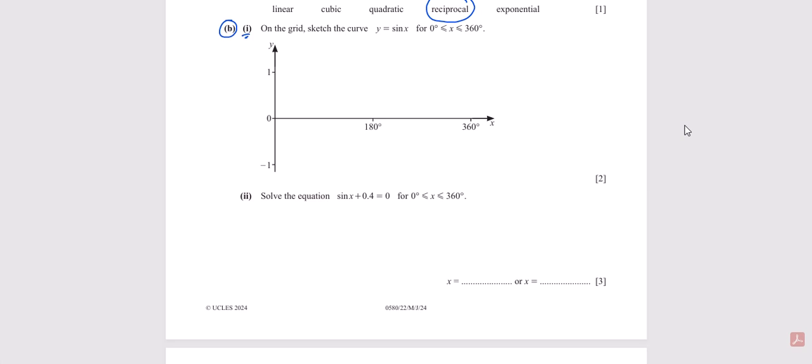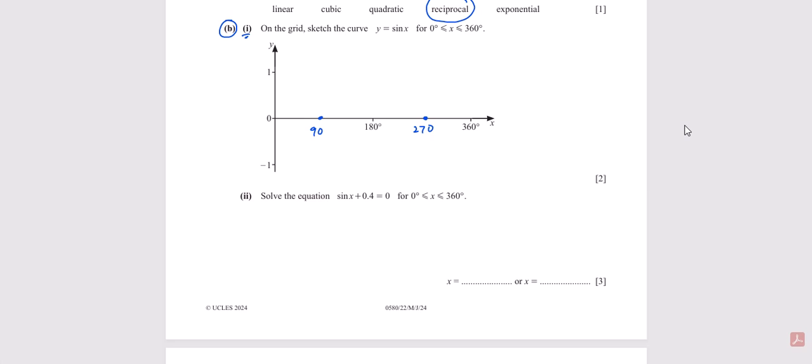Part B. On the grid, sketch the curve y is equal to sine x for 0 to 360. So here is 90 and here is 270.